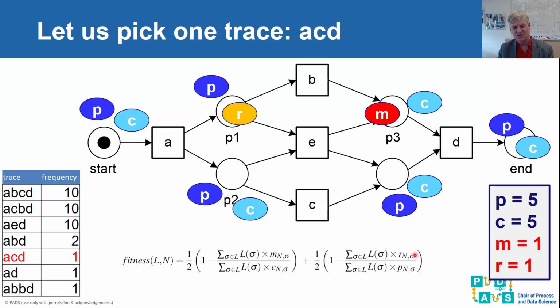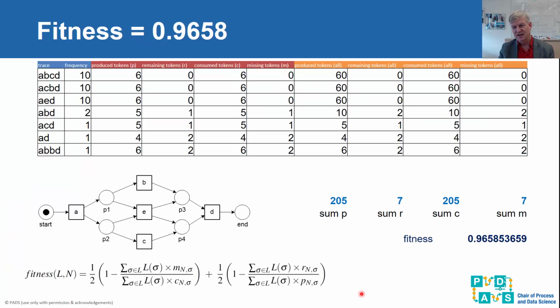So for this single trace, we know that these are the numbers, and these are part of this bigger formula. So here I'm showing this in a spreadsheet form. What you see here at the beginning is the input, so the traces and the frequency, so a multiset of activity sequences.